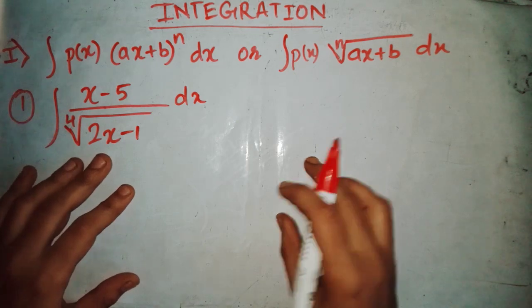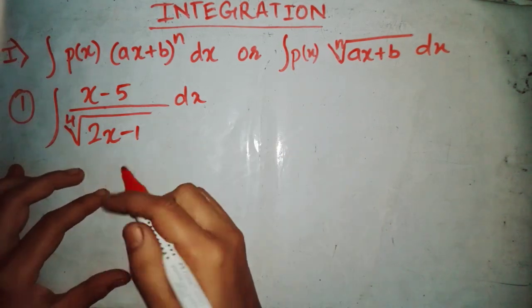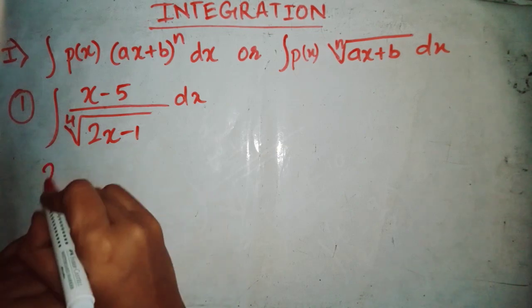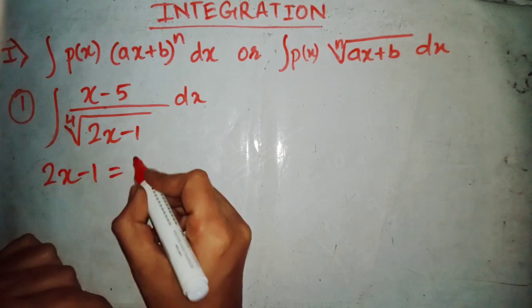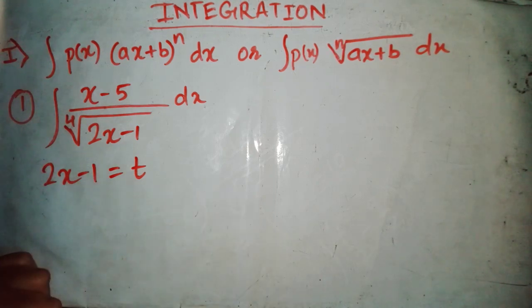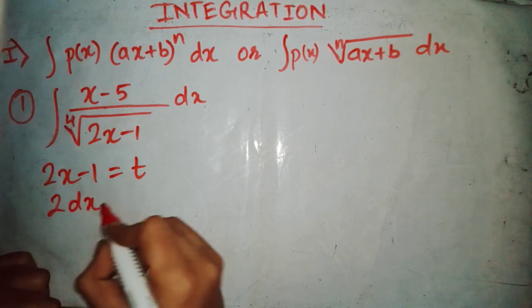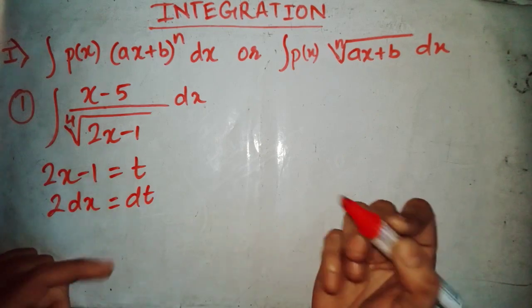First, the method of substitution works. So put 2x minus 1 as t. After differentiation, it becomes 2 dx equal to dt.